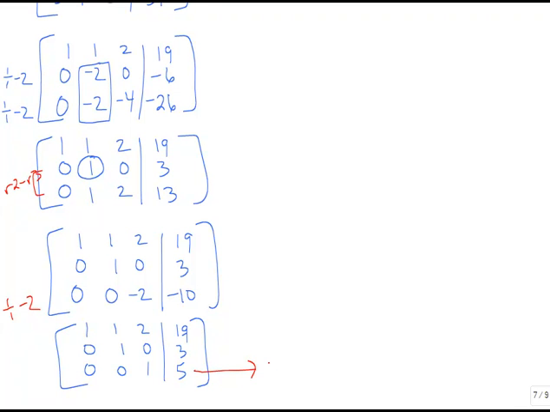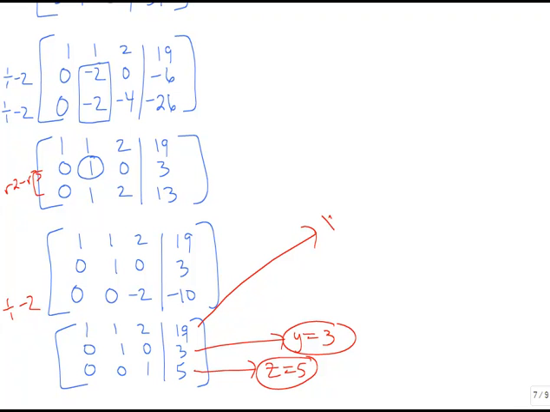This bottom row tells me that z is 5. We get a little lucky here in the middle row because I have a 0 in the first and third spots, so there's no x's and y's, no x's and z's, so this just tells me that y is 3. I don't have to do any solving. And if I go all the way back to the top, this tells me that x plus y plus 2z equals 19.